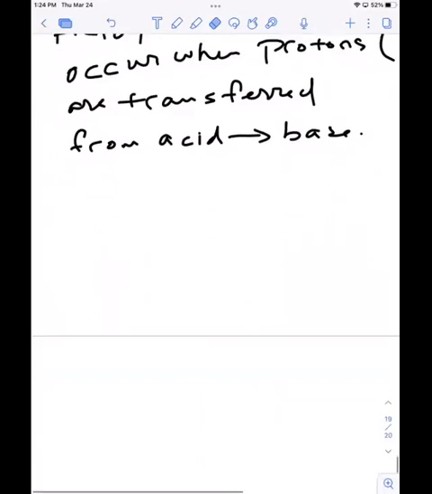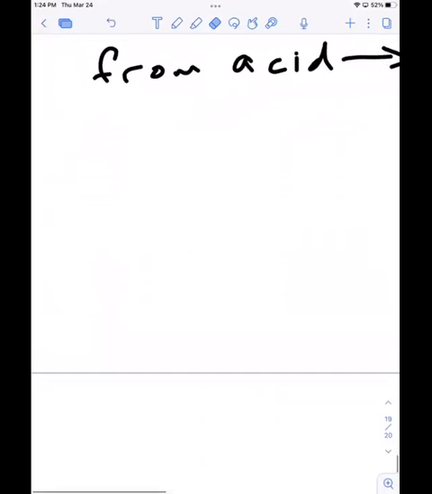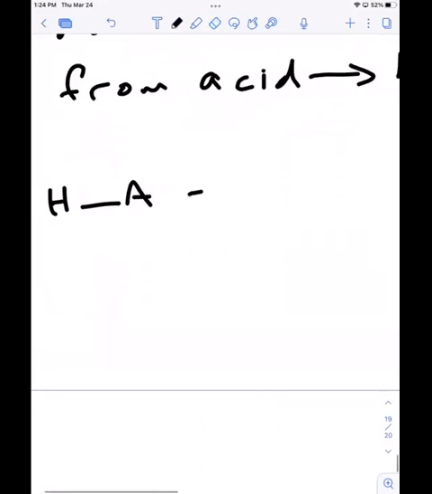So let me give you an example. Let's just say, for instance, you have an acid, HA, a generic acid. And then you have a base here with a negative charge.